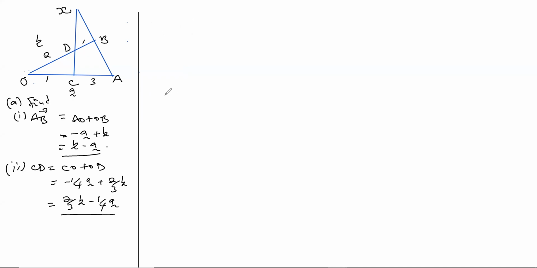Yes, Tahir. Oh, OD, you said 2 over 3. How do you say 2 over 3? Because the ratios are clear here. There is 2, there is 1. The whole line is 3, but from O to D is 2.